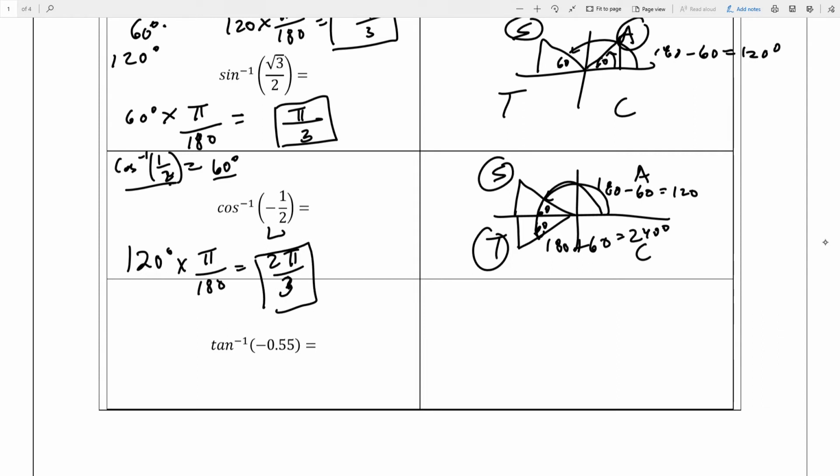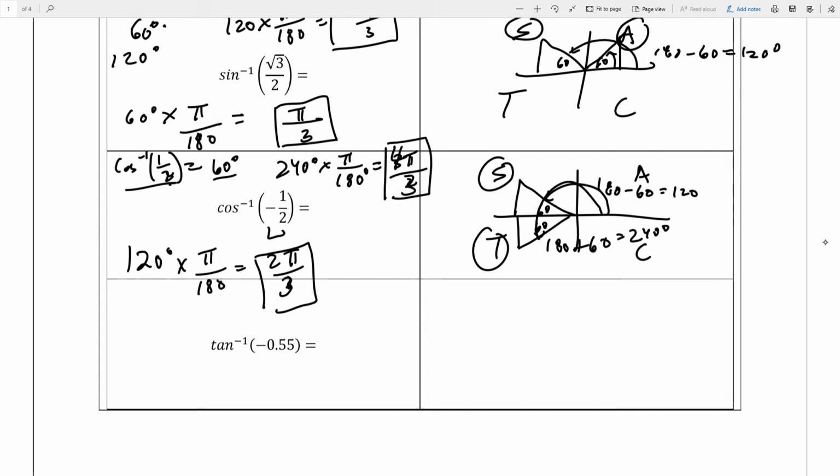And then the other answer is 240 degrees times the conversion factor, which is, no, 4 pi over 3. Sorry, 4 pi over 3.